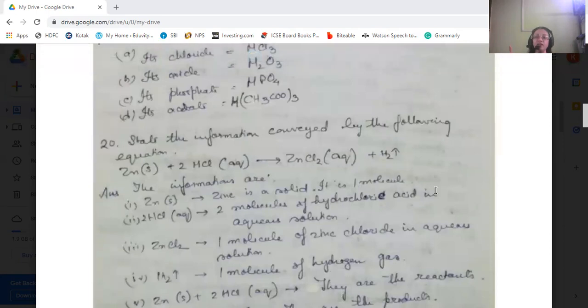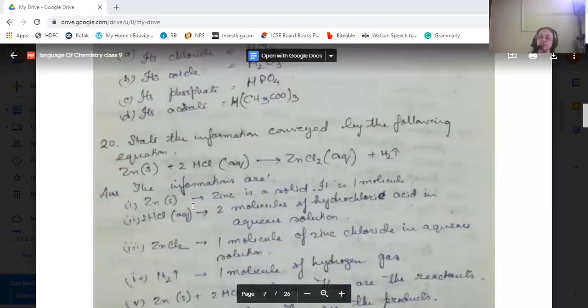Now state the information conveyed by the following. Zn(s) + 2HCl(aq) produces ZnCl2(aq) and H2, which is a gas. Zinc, as written with S, is a solid and it is only 1 molecule.